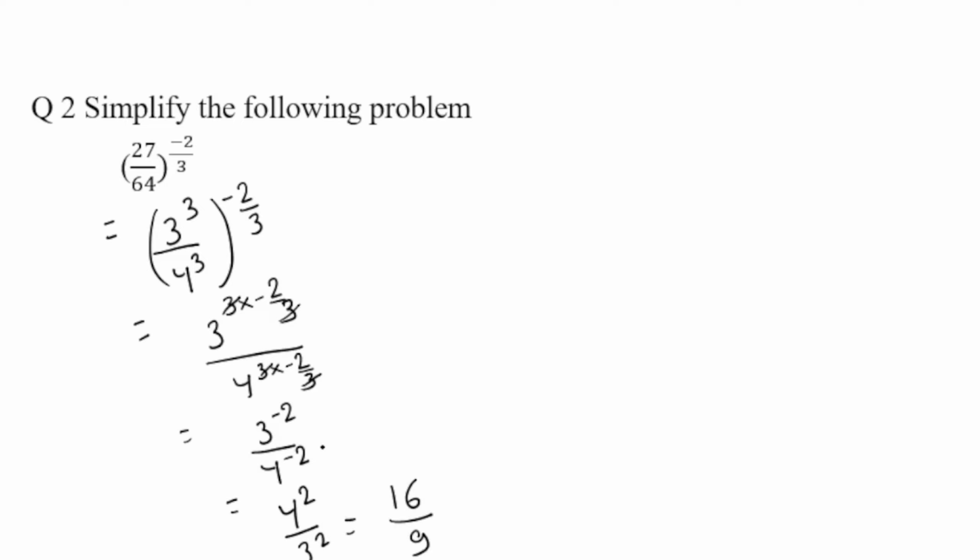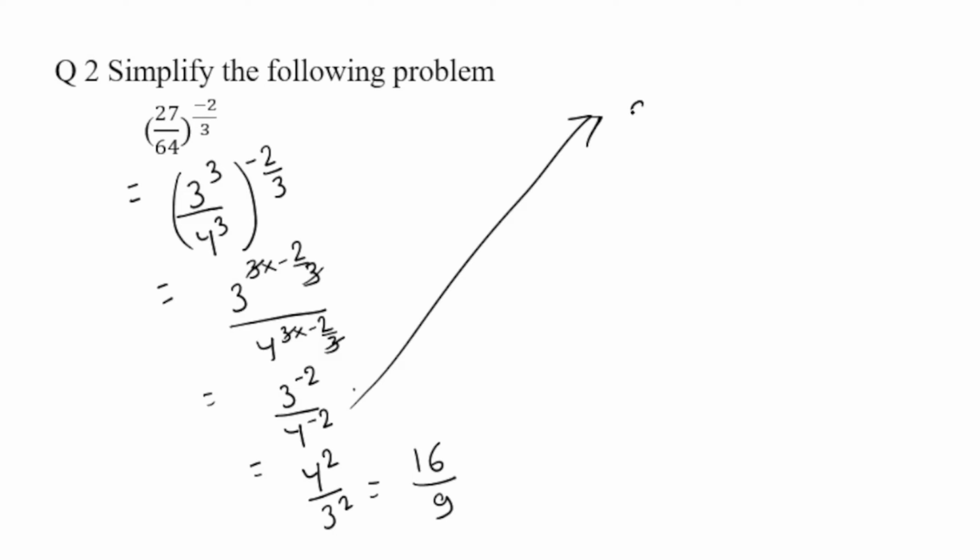If you have some confusion on these steps, you can also do it like this. We can write a to the power minus 1 as 1 by a. Similarly, we can write 3 to the power minus 2 as 1 by 3 square, divided by 4 to the power minus 2 as 1 by 4 square. 1 by 3 square, and this 4 square will go to the numerator.